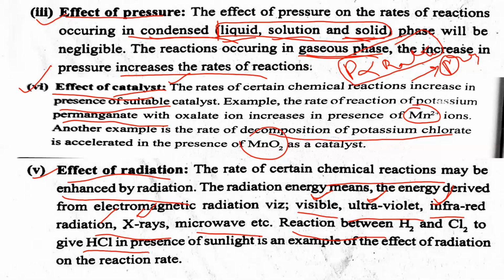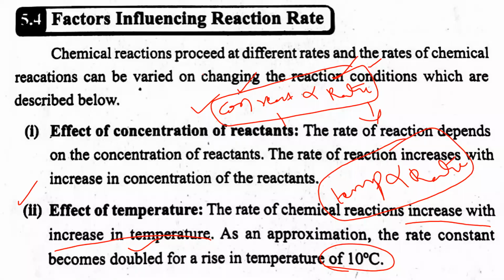So these are some factors that affect the rate of the reactions. What are they? Once again, the effect of concentration: concentration is directly proportional to the rate. Next, temperature: as temperature increases, the rate of the reaction also increases.